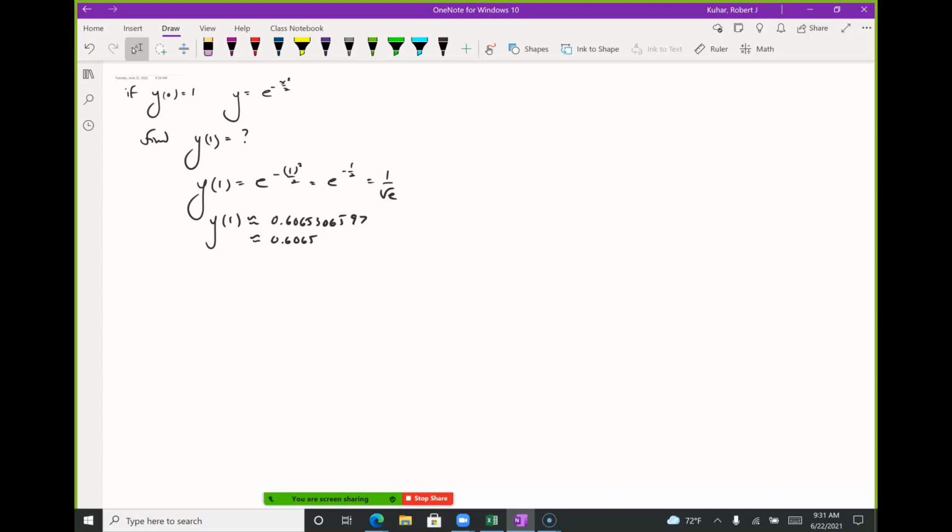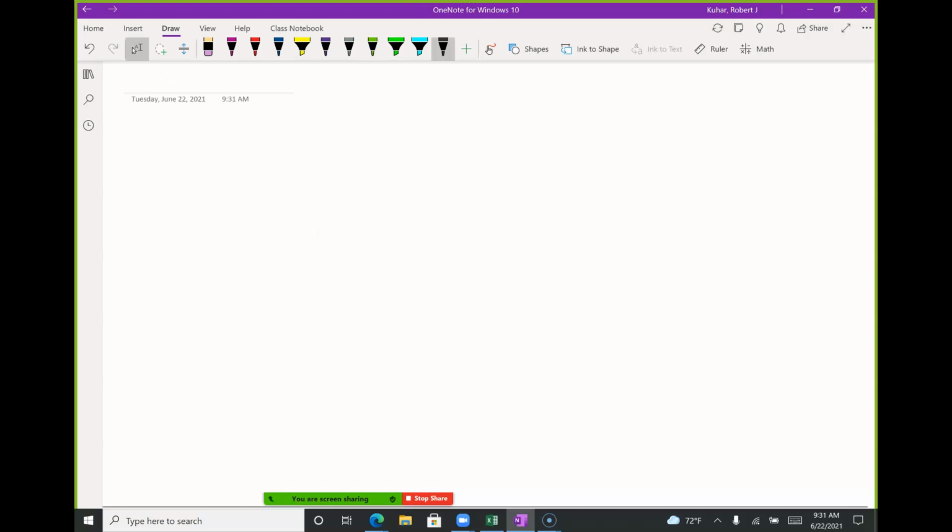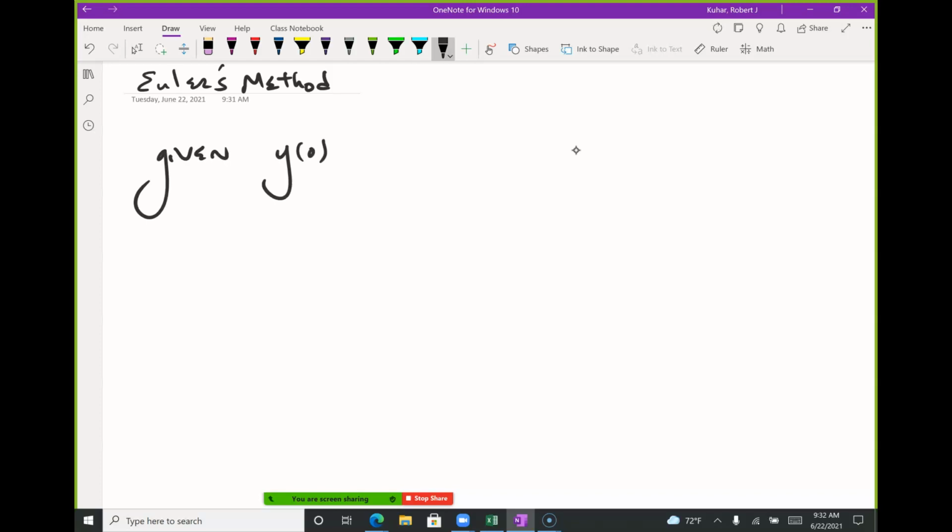So here we go, Euler's method. Given y of 0 equals 1, predict y of 1 using... Now I'm going to put the book's version down and I'm going to put my version down.